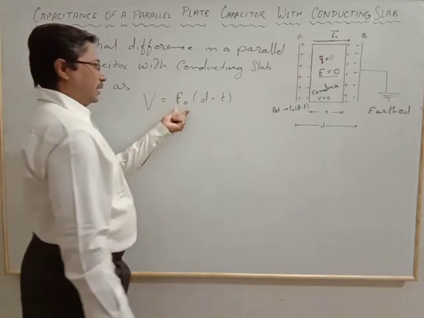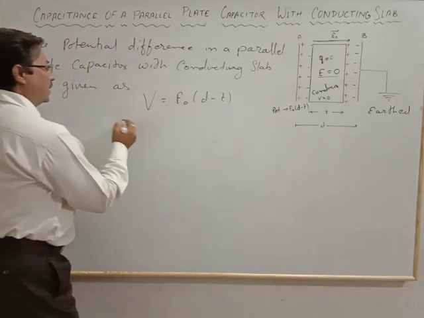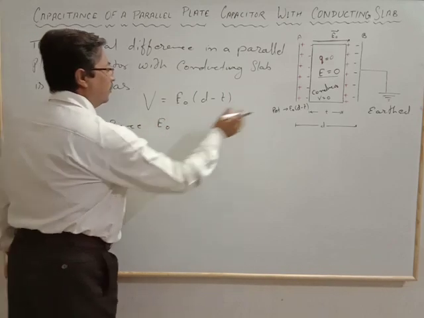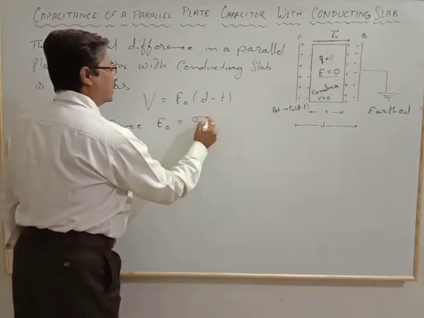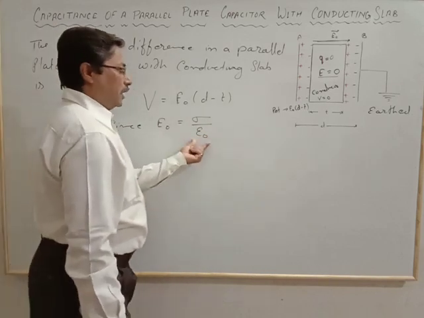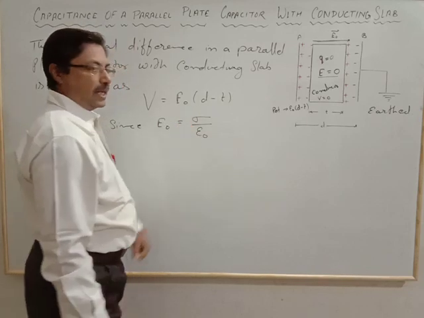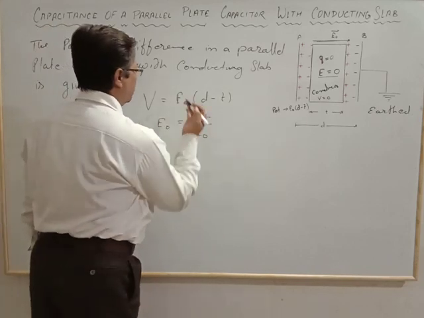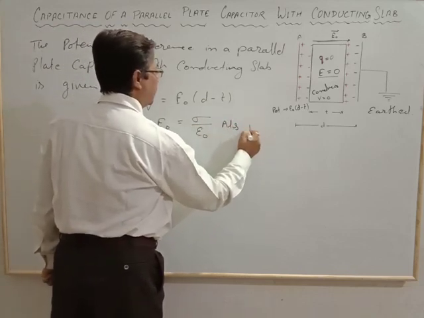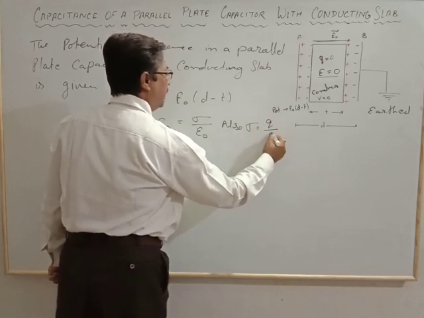Now we know that E naught between the plates is sigma by epsilon naught, and sigma is equal to Q by area.